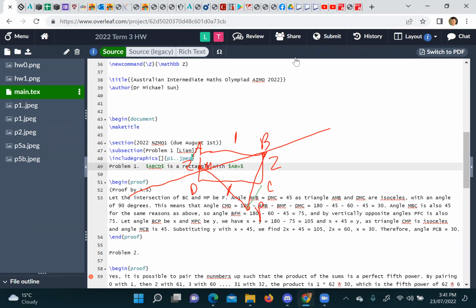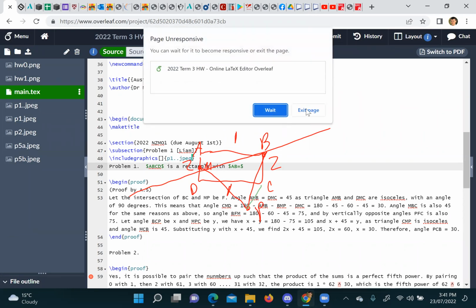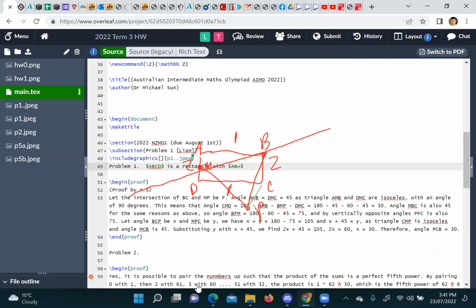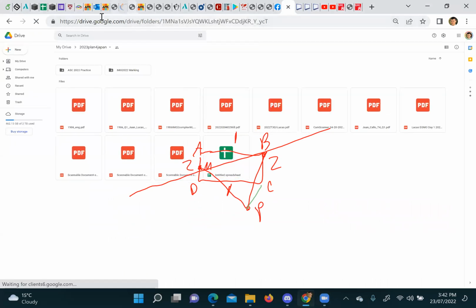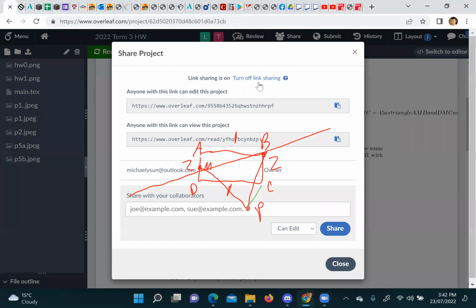All you have to do is go to share, link sharing.